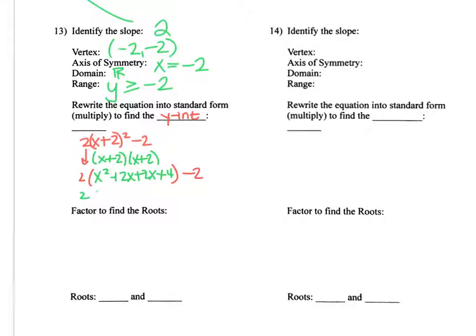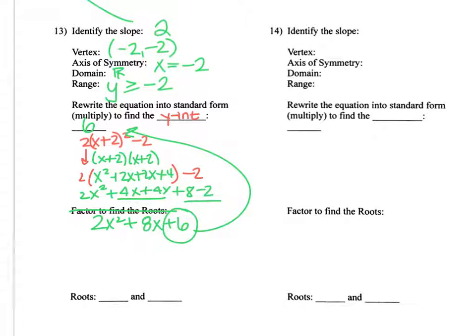If I distribute, that gives me 2x squared plus 4x plus 4x plus 8 minus 2. And then combine like terms, and that will give me, as a final answer, 2x squared plus 8x plus 6, which means my y-intercept is going to be at 6, which is something that I can go ahead and graph.